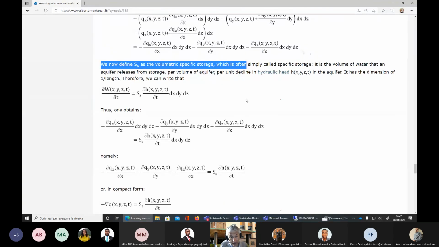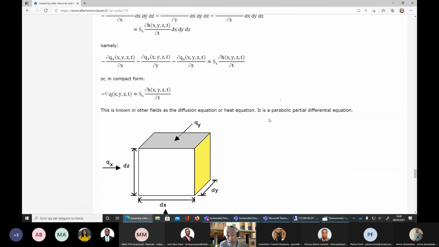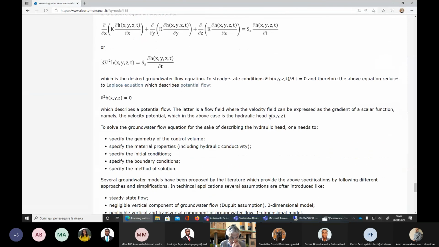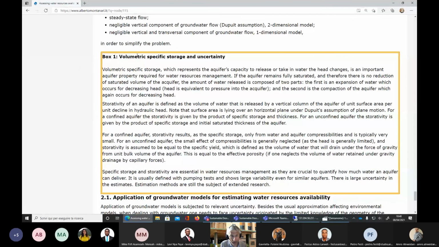And then we will move forward next Monday with the subsequent development of the mass balance equation, and then the subsequent introduction of the energy balance equation. The two combined together will lead us to the final resulting equation that allows us to study the movement of groundwater. And if you read just this box, it's useful: volumetric specific storage and uncertainty.